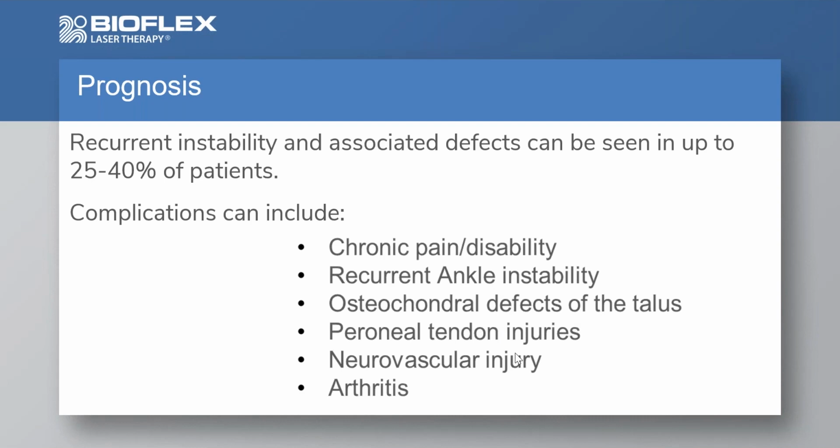I mentioned the tendon aspects, so make sure you look at the tendons as well, and even damage to neurovascular bundles. And long term, it can lead to arthritis as well. So these are all complications that you want to avoid by early treatment, and early treatment that involves improving the healing as much as possible to normal.